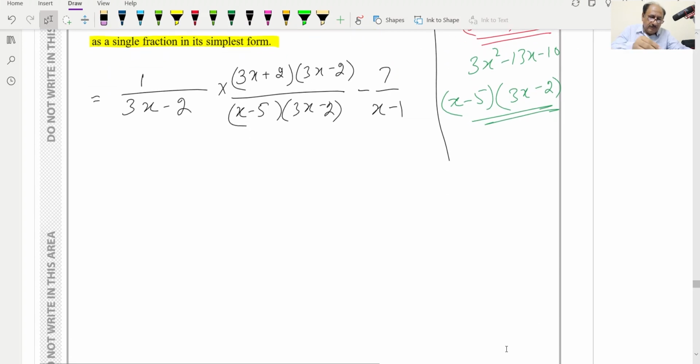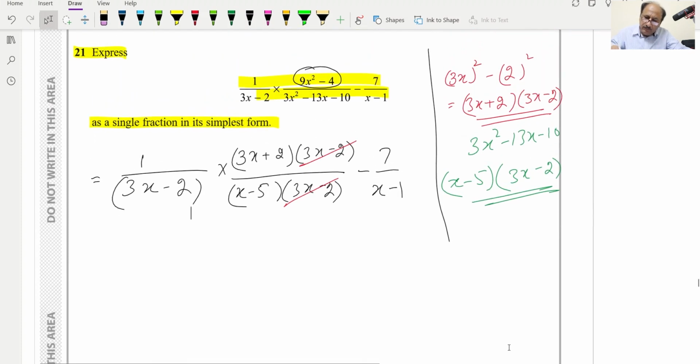Now we can cancel this 3x minus 2 with 3x minus 2, and basically this should be plus 2. We have made a mistake, this should be 3x plus 2.